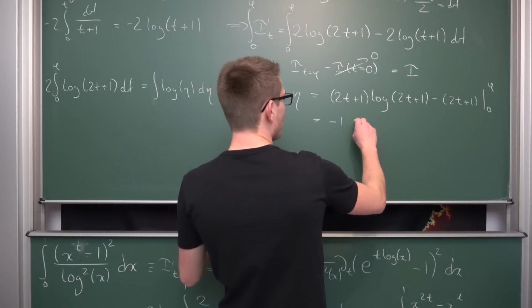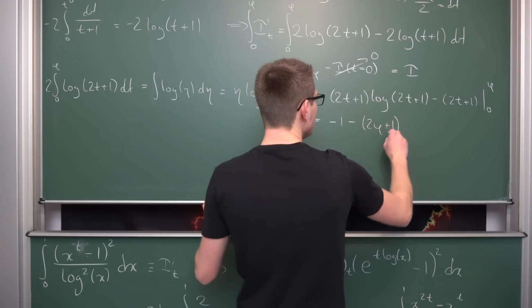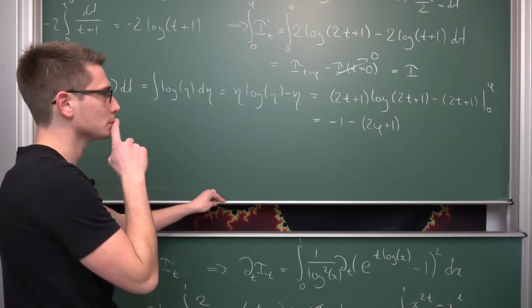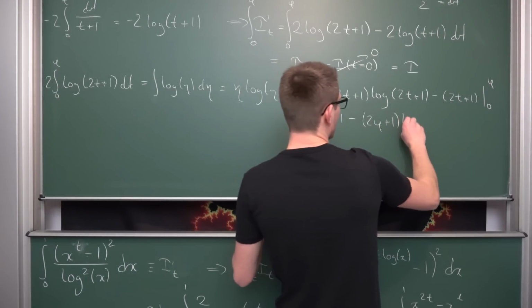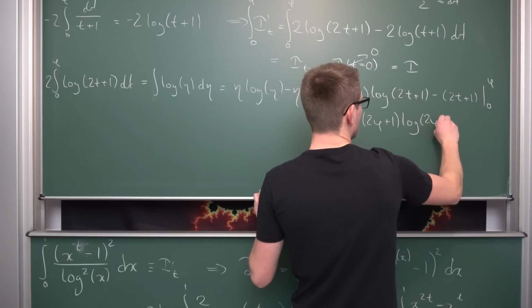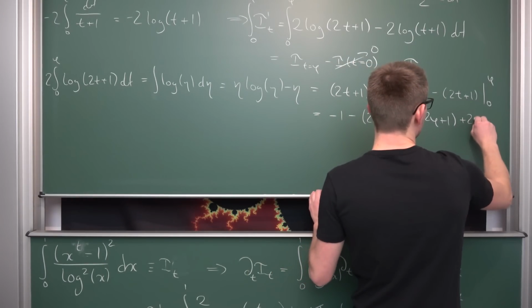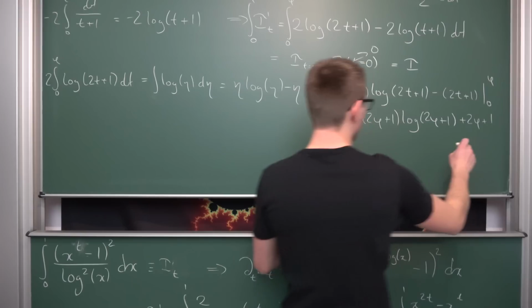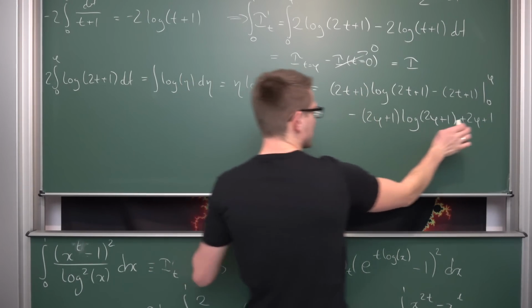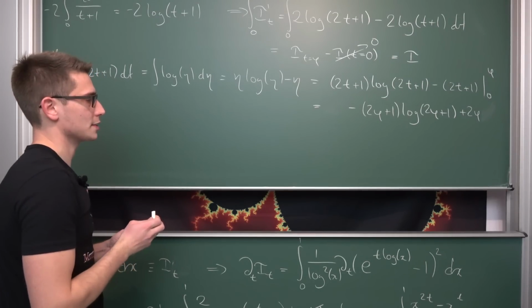And then negative, phi into here is going to give us 2 times phi plus 1 times the log of 2 phi plus 1. And negative is positive, so plus 2 phi plus 1. This and that is luckily going to cancel out, leaving us with this ugly one.